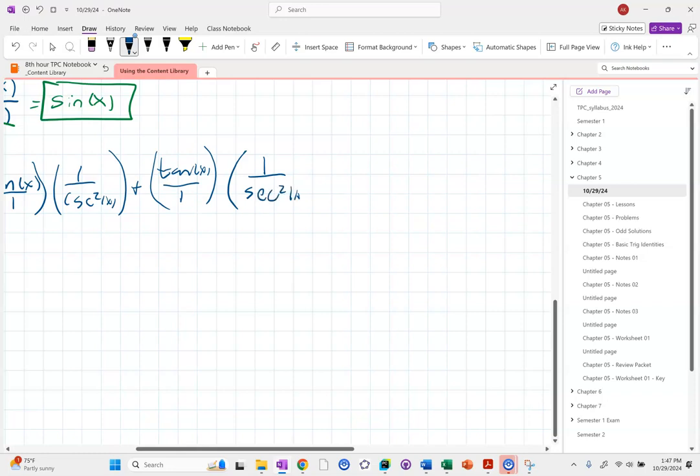I usually want to separate my problem like this whenever I'm going to use an identity that turns me into a fraction inside of a fraction.